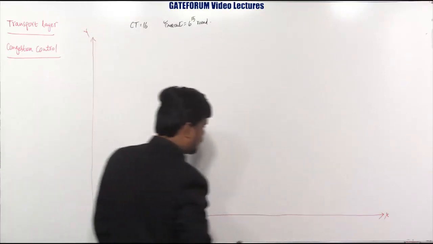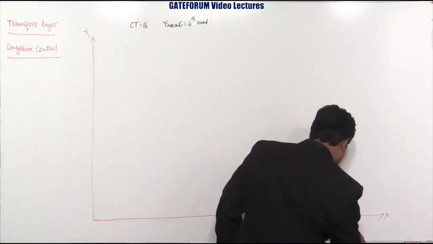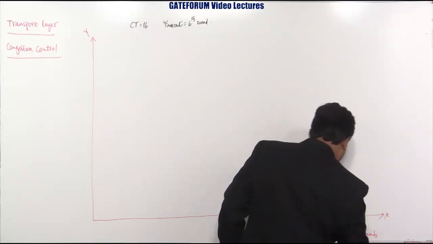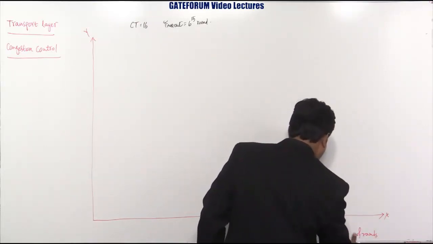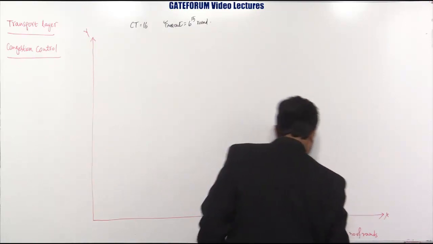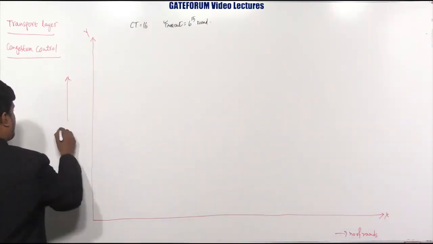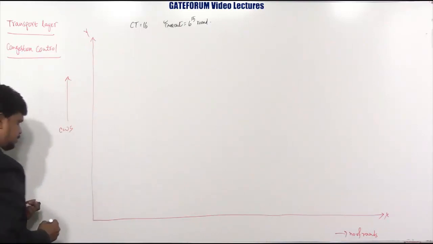On the x-axis we are considering the number of rounds, and on the y-axis we are considering the congestion window size.